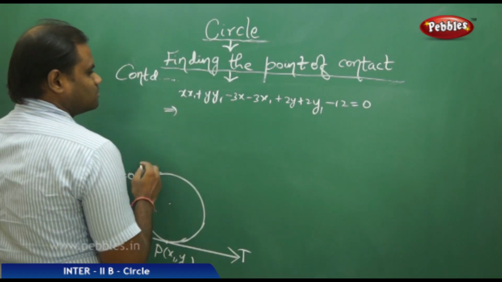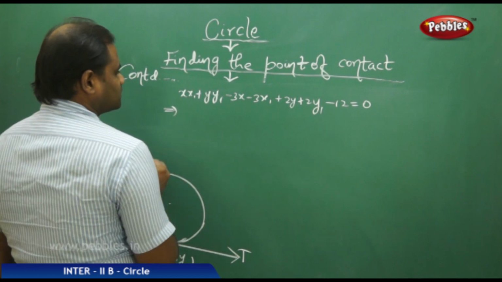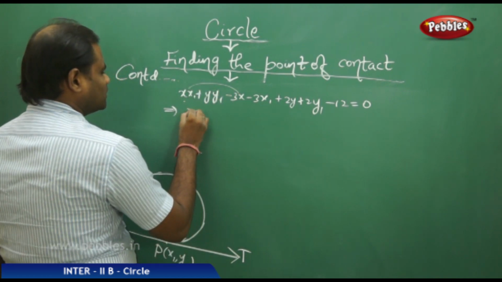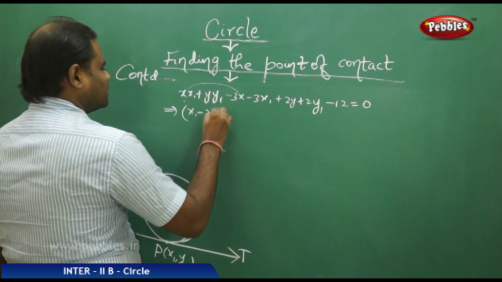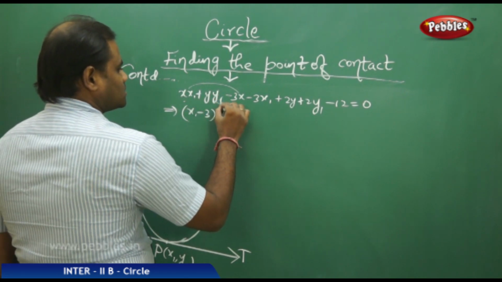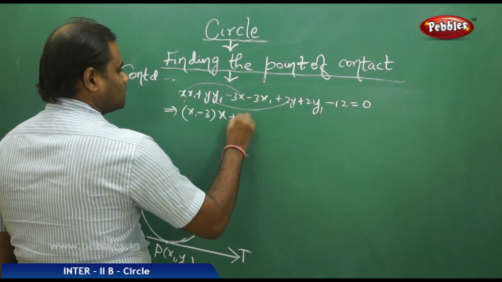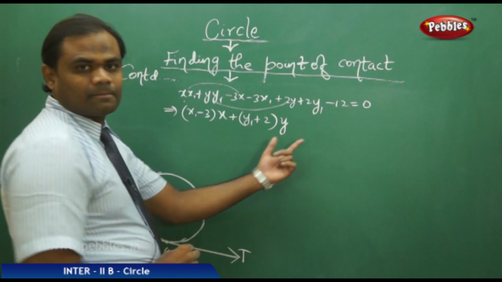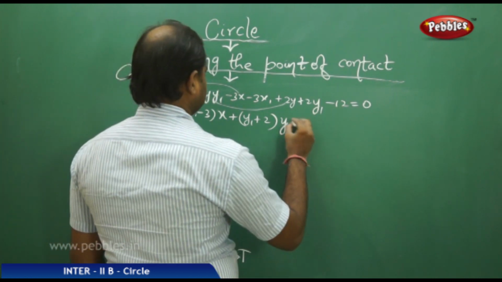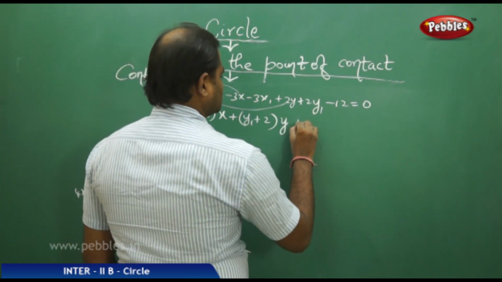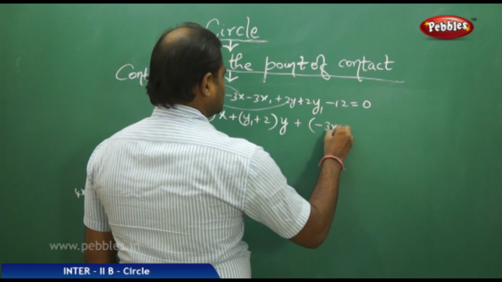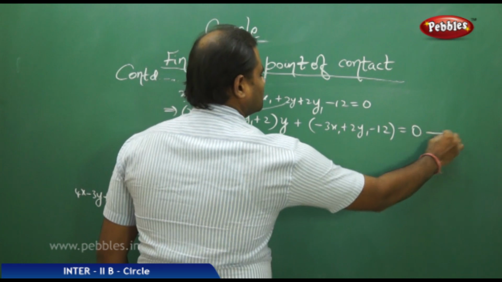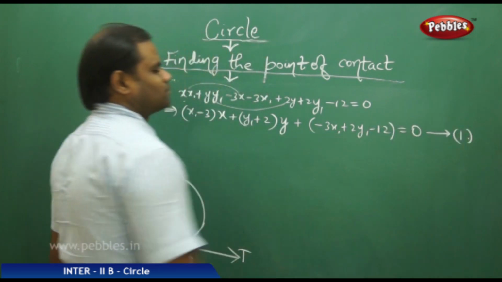On further simplification, taking x common, x(x1 minus 3), and y common, y(y1 plus 2), and the constant term minus 3x1 plus 2y1 minus 12 equal to 0.